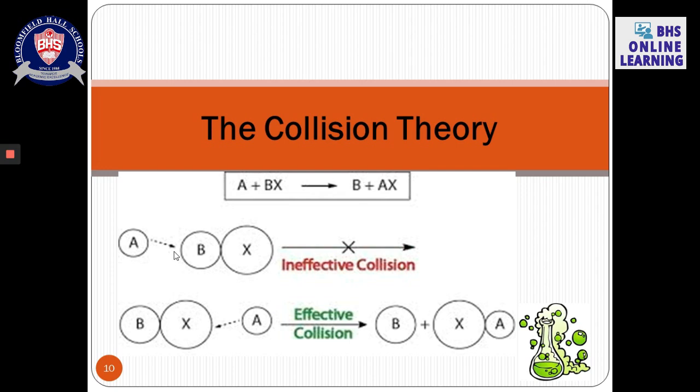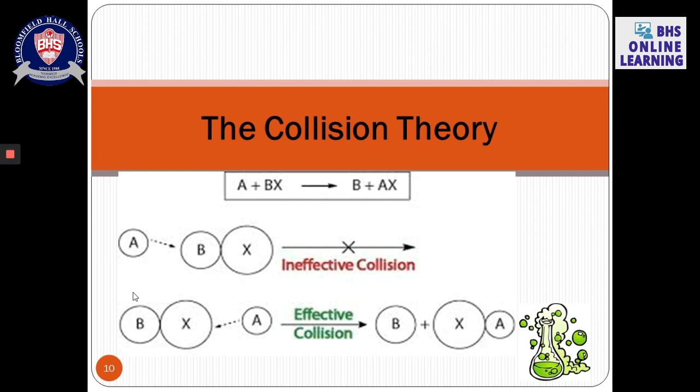They are colliding, but energy is not sufficient. So no reaction takes place. In the second type of collision, A and Bx are colliding, but this time the reaction is taking place because the collision is very effective. It's full of energy. So for the reaction to take place, the collision has to be an effective collision.